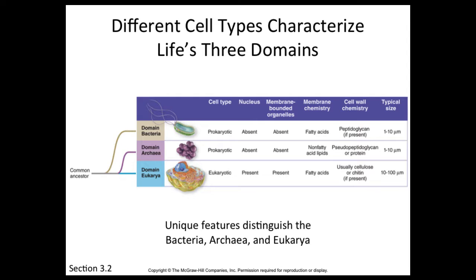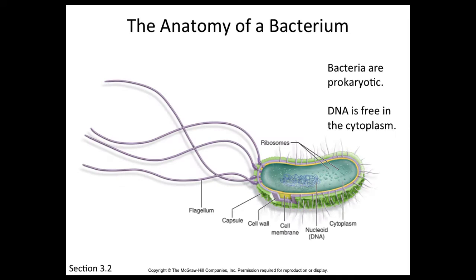And then I want you to know typical size. So this far column: bacteria and archaea are on average only 1 to 10 micrometers. That's super small. The domain eukarya are 10 to 100 times larger, so they're 10 to 100 micrometers in size.